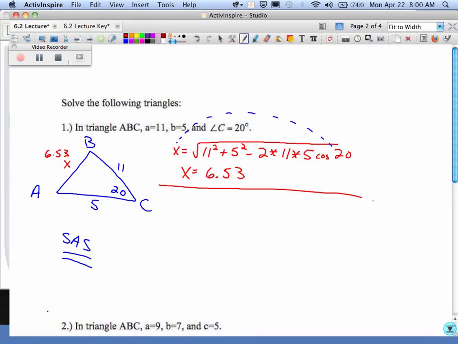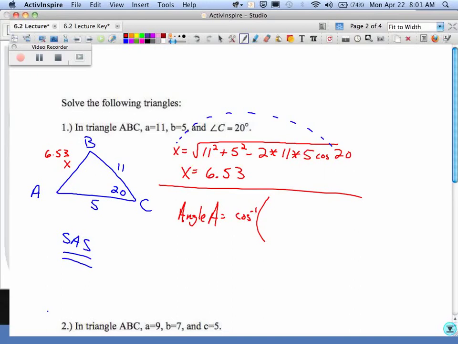And this is how I write it. I go right into the cosine inverse formula. Some of you might want to stick with the regular formula, and I'll show you what it would look like in a second. If I'm going to find angle A, 11 is the partner, so I do have to use 6.53. If you're not sure you got it right, I don't know what to tell you.